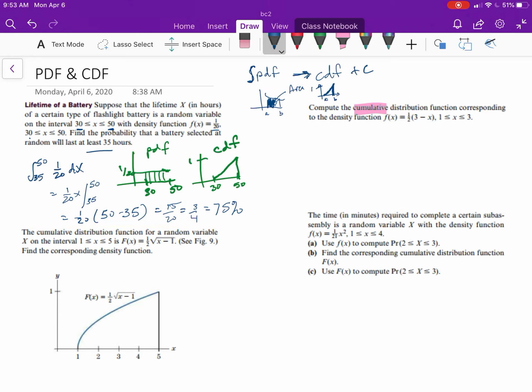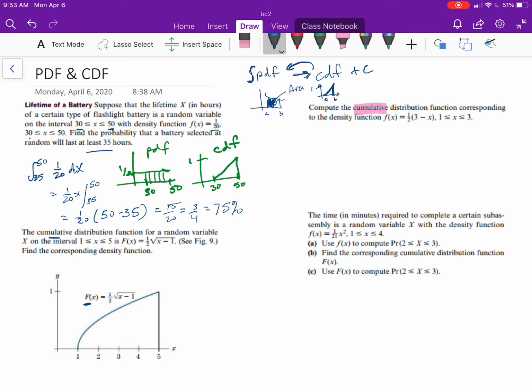Okay, this next example, the cumulative distribution function for the random variable is given here. Notice most books have this capital F, which means they had done the antiderivative. So that is the antiderivative of some function. I have the cumulative. If I want to go backwards, then I need to do derivative.